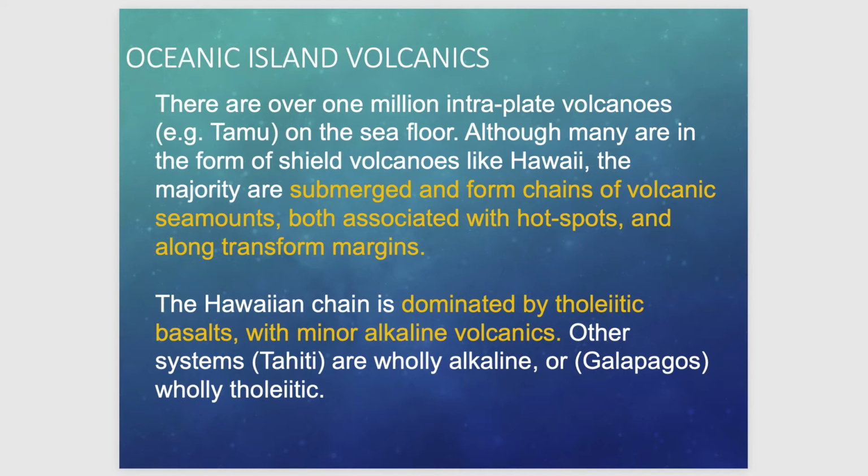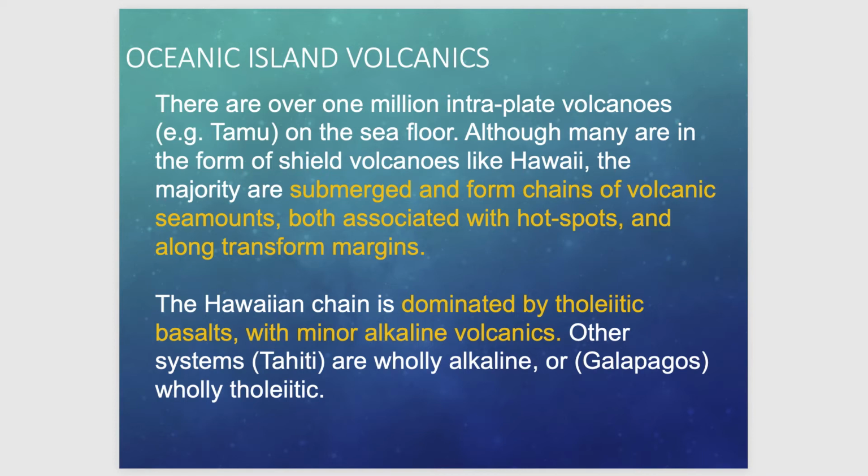So there are many that will be like the Hawaiian Islands, but the majority is submerged, and they form chains of volcanic seamounts which will be associated with both tectonic environments we saw, so the hot spots, but also the mid-oceanic ridges or transform margins, depending on how you want to define them.